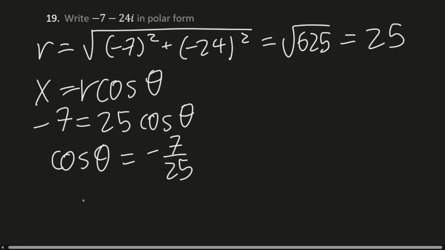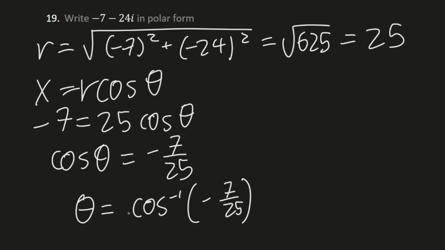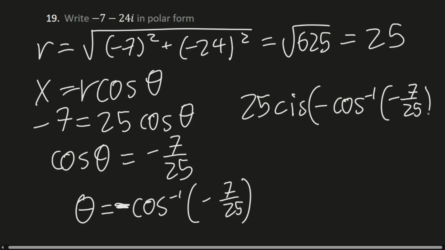And this is not a nice number to solve for, and so I'm just going to leave it as inverse cosine of negative 7 over 25. Checking the quadrant, this is going to be in quadrant 3, which is out of the range of inverse cosine, and so putting a negative there will give me the right angle, and we get 25 CIS negative inverse cosine of negative 7 over 25.